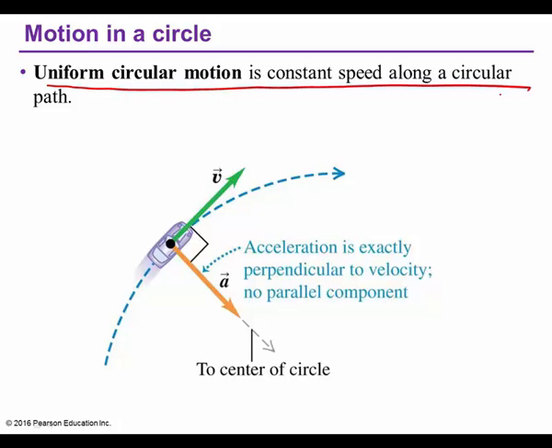Wrong. Because with uniform circular motion, notice it says that our acceleration is at a right angle to what? To velocity, or the direction of the car. You're right. It's at a right angle.